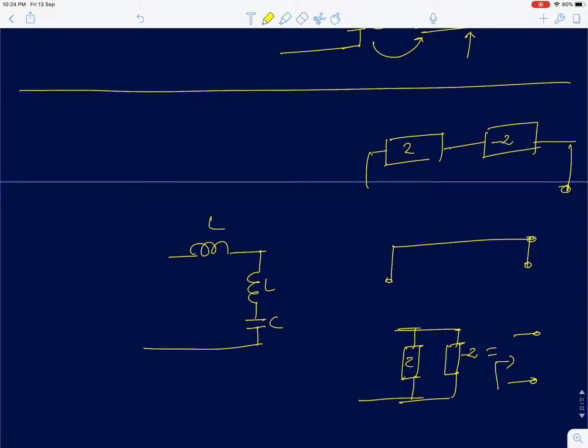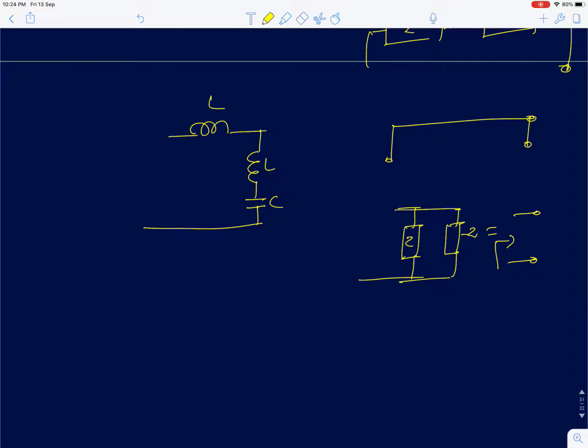It's going to behave like an open circuit. This is what we applied in the previous lectures to find the poles and zeros in RC circuits and RL circuits. Now we'll try further in this circuit and see what happens when you have a series LC element.